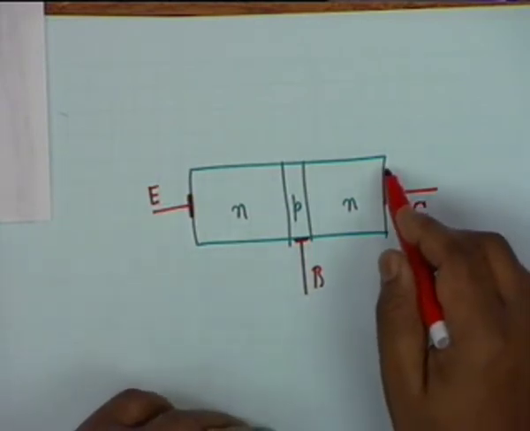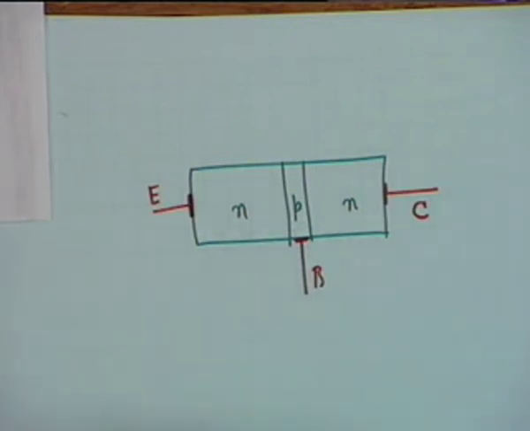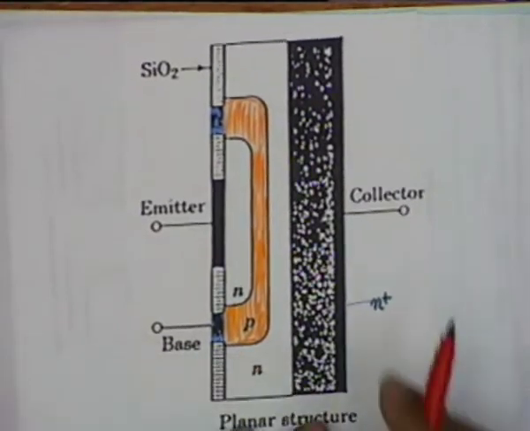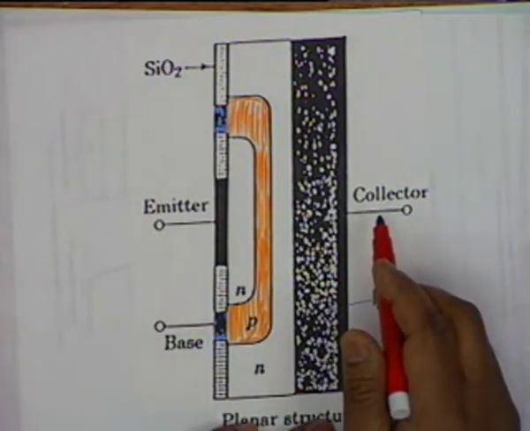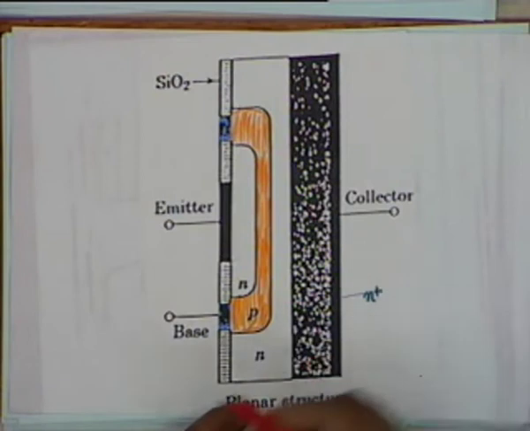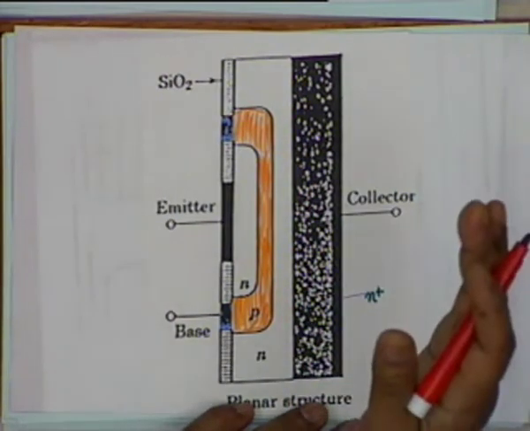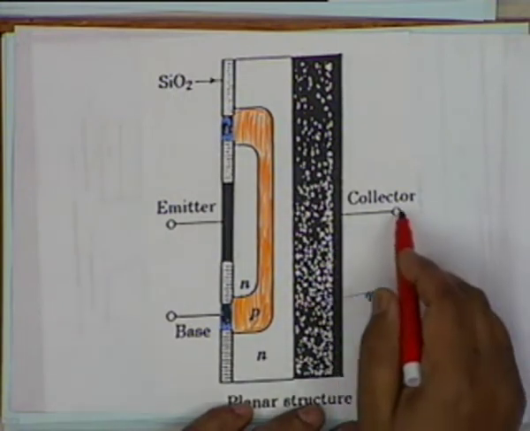So the collector contact is made without a contact potential, and the reason is very clear. Collector is usually the output terminal. The collector is to handle large currents, and therefore it is necessary that the collector contact be as perfect as possible, and it should be able to collect current, and collect carriers.